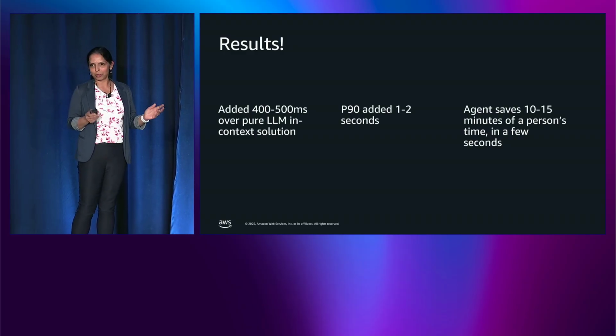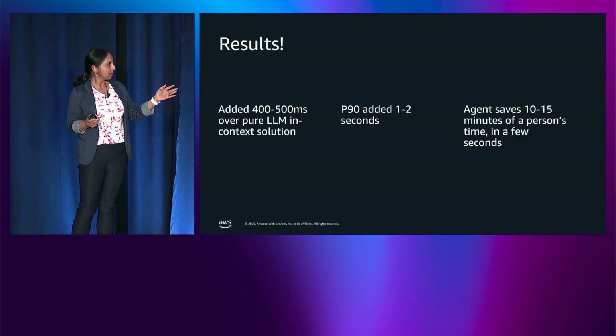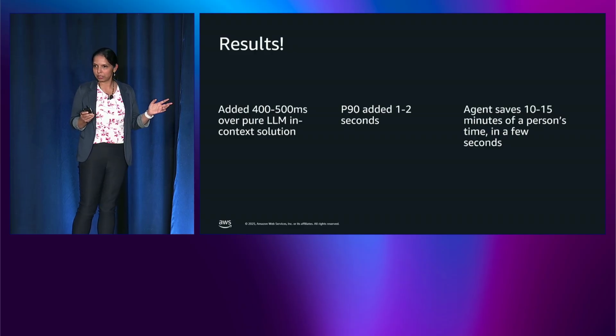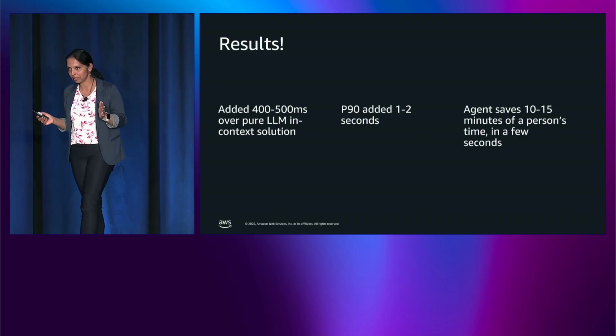So let's talk about some of the results, right, with the code interpreter solution. What we ended up seeing is, we are adding some latency with code interpreter, somewhere in the ballpark of 400 to 500 milliseconds. If you look at the 90th percentile, somewhere between 1 to 2 seconds.